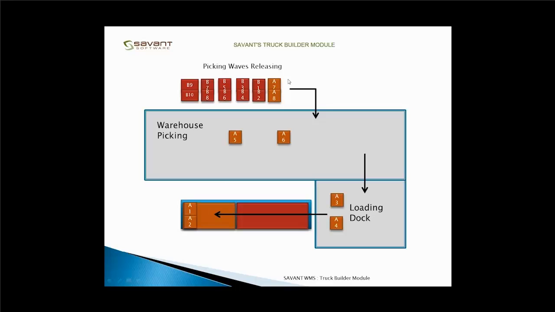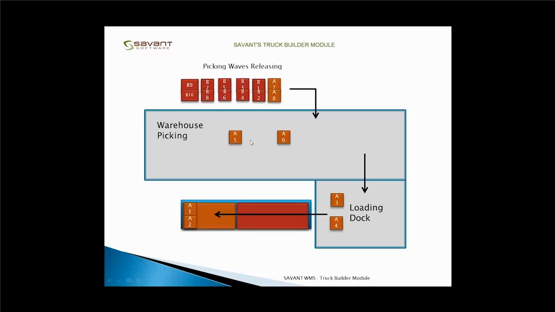As a result, prior to releasing the wave, the operations manager knows which pallet is in what position of the trailer, as well as what locations that pallet will be required to go to be picked.